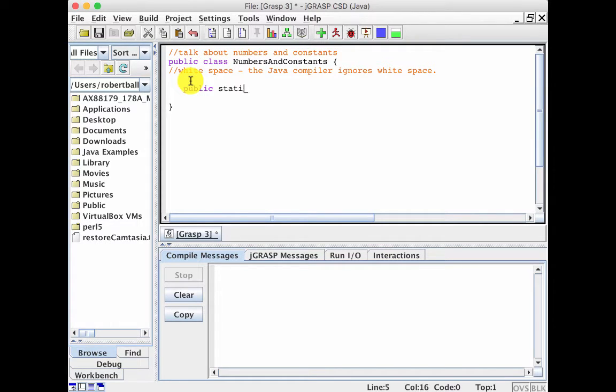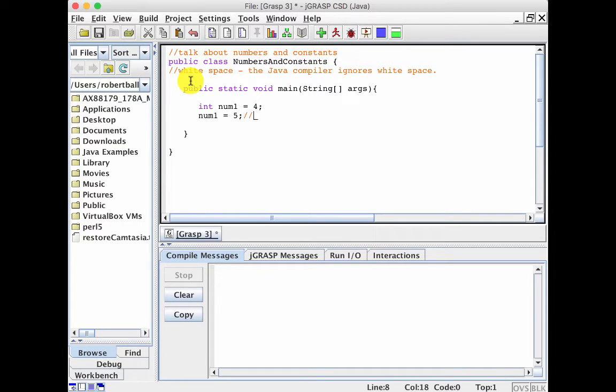So public static void main string args. At this point, we know about the integer. We have seen int, and we can call it num1 equals 4, and we can call it anything we really want. We can say num1 equals 5, whatever we want, and that integer will be a 32-bit integer.